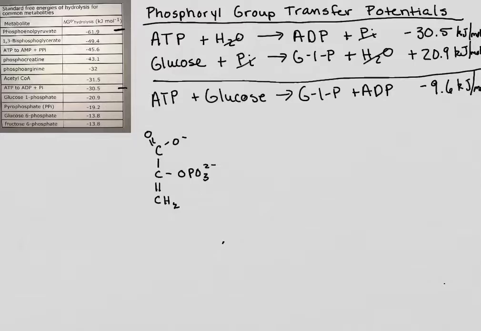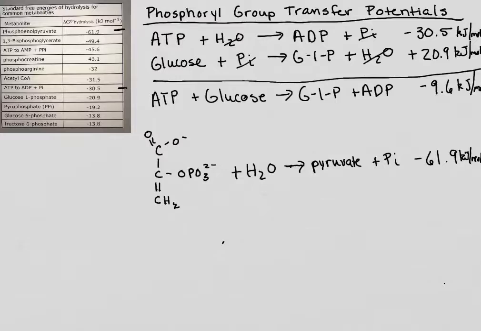So if we're looking at phosphoenolpyruvate getting hydrolyzed and broken down into pyruvate, hey, this is the last step of glycolysis, isn't it? Plus Pi. This has a delta G naught prime of negative 61.9 kilojoules per mole.